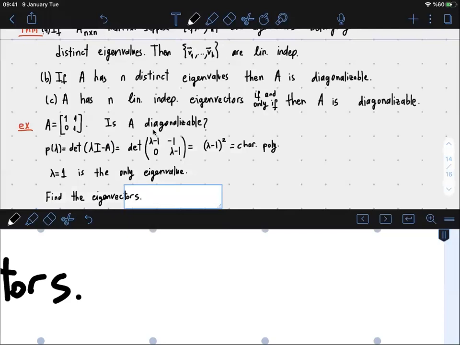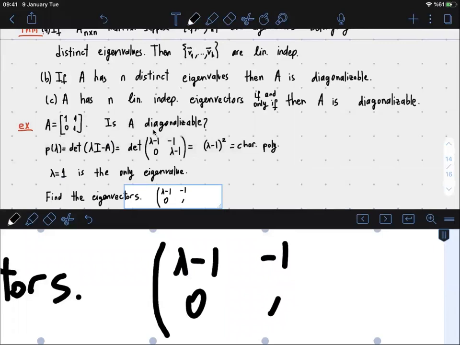Okay, so how do we find the eigenvectors? In this case, we are looking for the solutions of this system. So instead of lambda, I put 1. Let's write lambda minus 1, minus 1, 0, lambda minus 1.